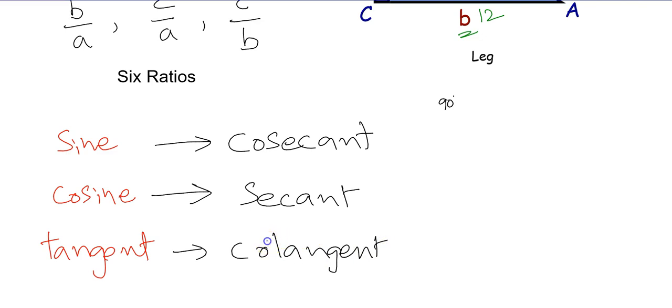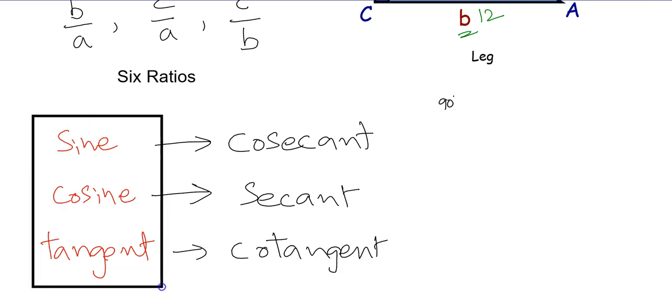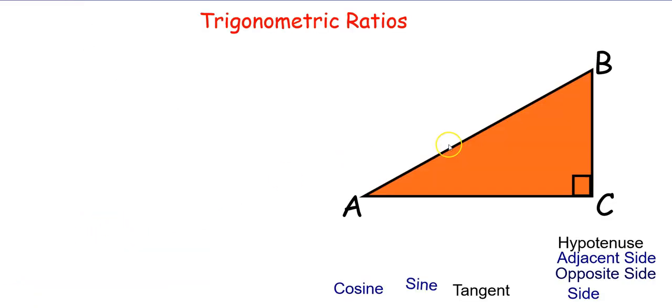But for our basic study in the 10th grade, we are mainly concentrating on the first 3 ratios: sine, cosine and tangent. So in the next slide, I'll show you the meaning of sine, cosine and tangent. Okay, here we have a right triangle ABC, and already this angle C is 90 degrees.